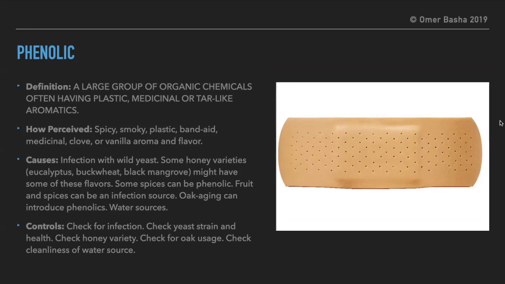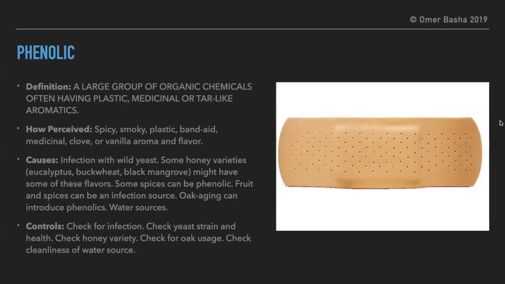They can be perceived as spicy, smoky, as we know from beer, like from wheat beer, the clove is phenol, and smoke is usually phenols, but it can also have plastic, Band-Aid, medicinal, even burnt rubber, burnt tires kind of aromas, which are bad. The causes are infection with wild yeast most of the time.